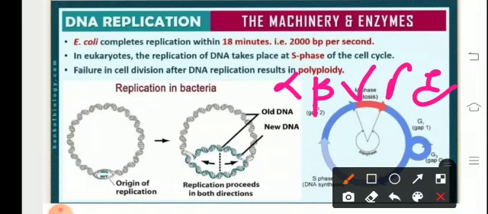Epsilon controls the cell cycle, and delta is responsible for replication activity. Gamma corresponds to mitochondrial DNA repair. Beta is involved in DNA repair, and alpha carries out the initiation of replication.